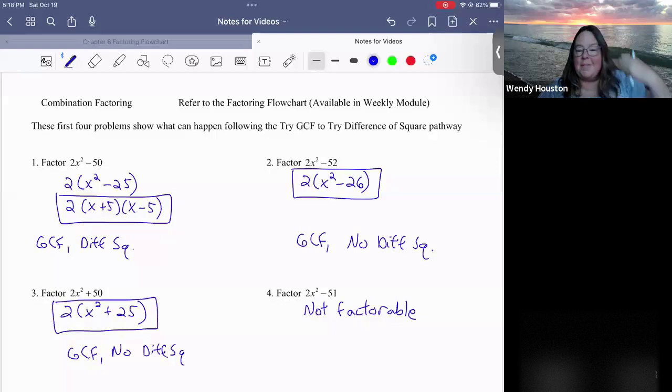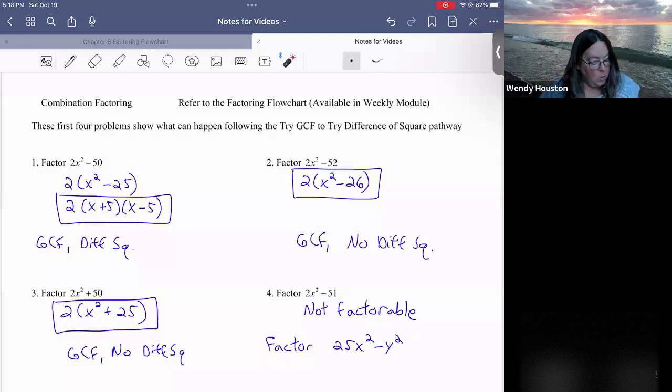I'm just realizing here I left off one of the pathways, which is, let's say that we want to factor something like 25x squared minus y squared. So bonus question here. In this case, we would try the GCF, but there's no letters in common, and this doesn't have a number. So we tried it.